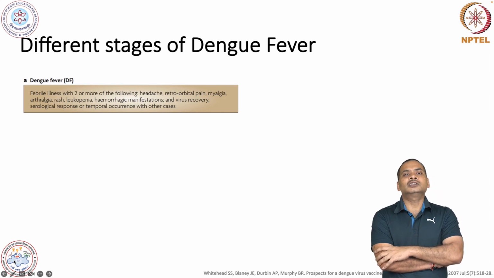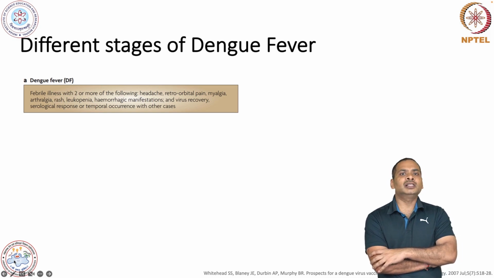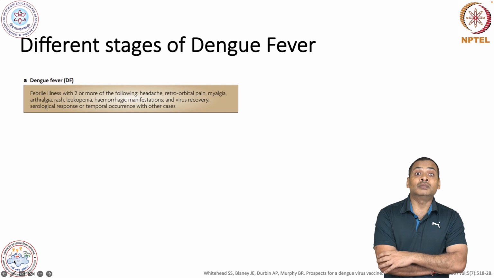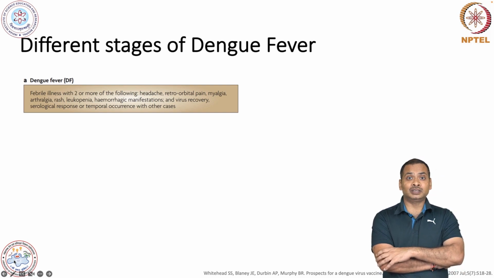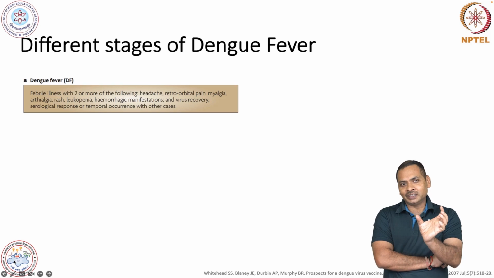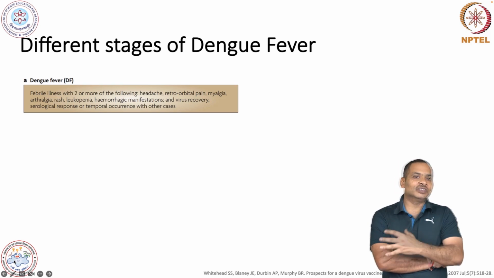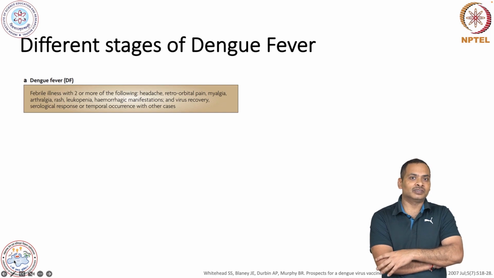Some individuals show myalgia and arthralgia. Myalgia is basically muscle pain. Arthralgia is joint pain. The meaning of dengue itself is bone-breaking fever. This is the literal meaning of dengue.